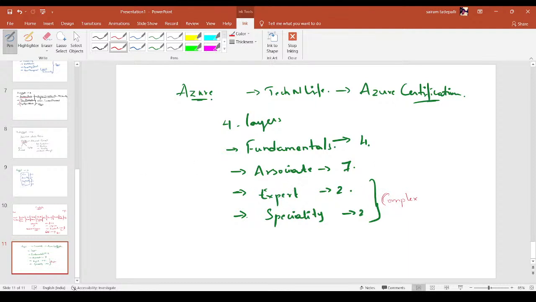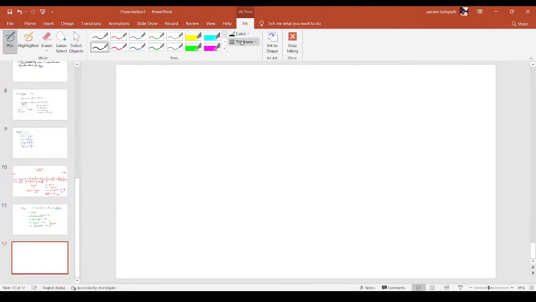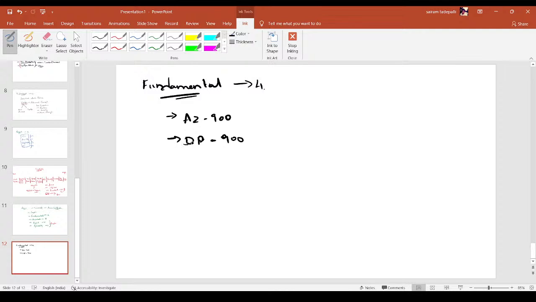And coming to individual things, let's get to what this fundamental layer will be having. In this fundamental layer we are having 4 different types, that is AZ900, DP900. These are the codes for the certification programs.